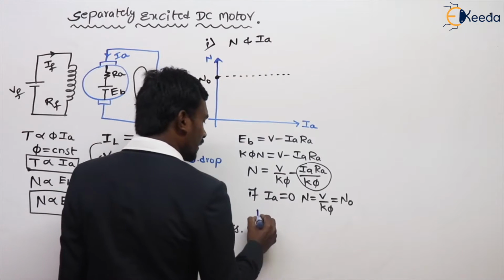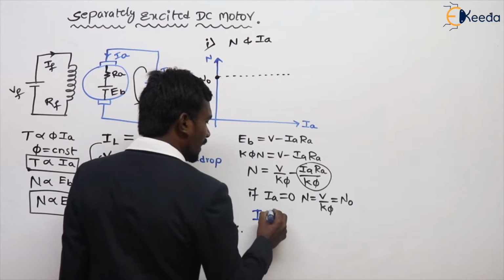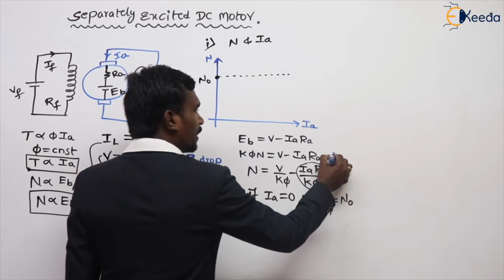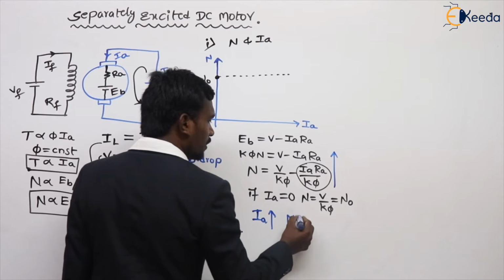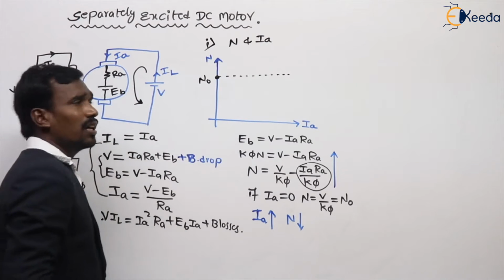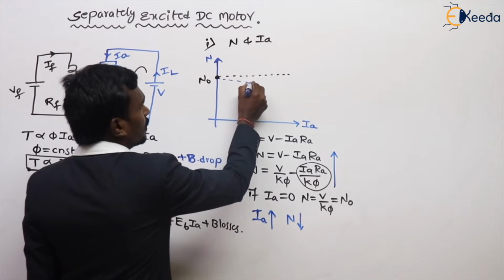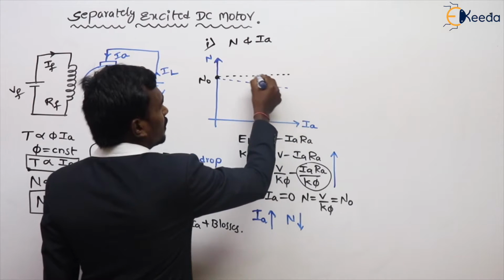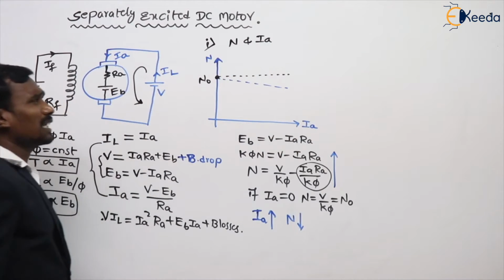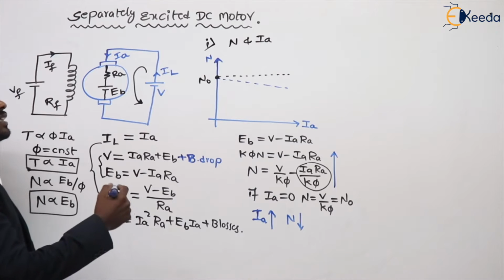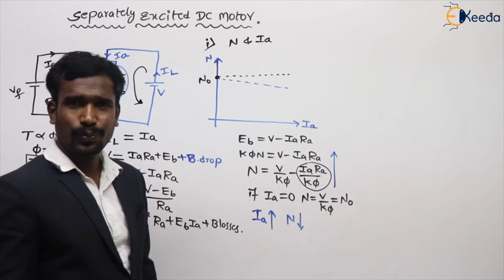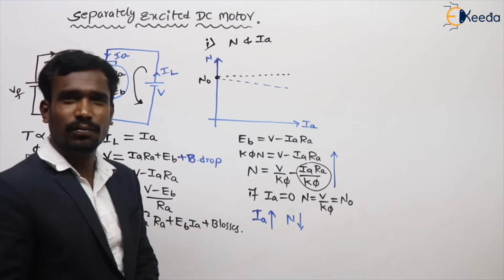When IA increases, what happens? This drop increases, then the speed decreases. From here the speed reduces. This is the drooping characteristic. This is the N versus IA, the first graph.